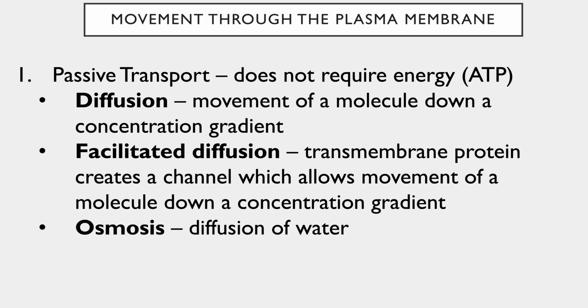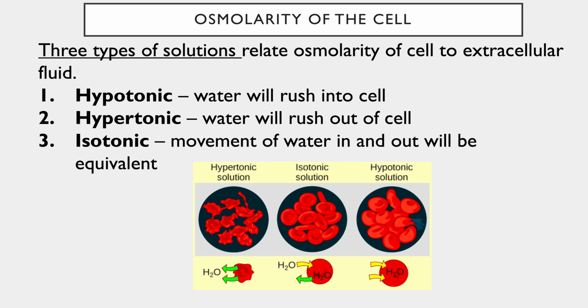The last type of passive transport is probably the most studied type of passive transport because it is actually looking at the diffusion of a specific molecule called water. And in fact, we look at how water moves across membranes when a cell is put into three different types of solutions.